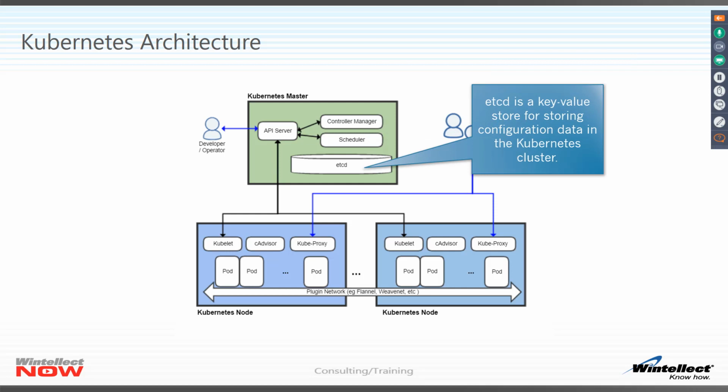Then you have etcd, and this is an important component of Kubernetes. It was developed by CoreOS, and it provides a persistent store for configuration data on Kubernetes. In a multi-node configuration with multiple masters, everything in etcd is replicated across all the masters, so the configuration is not bound to one particular master.